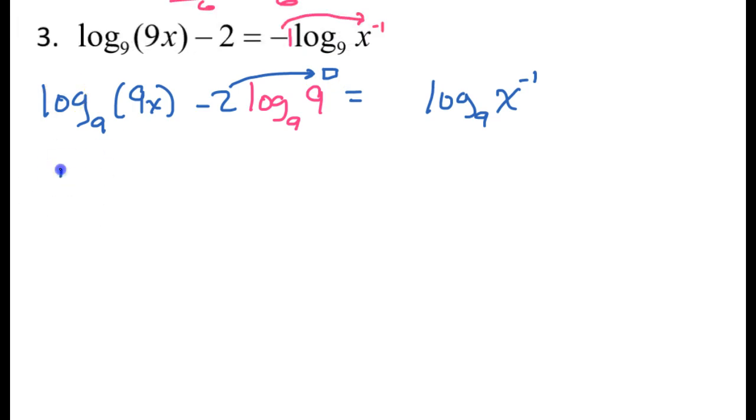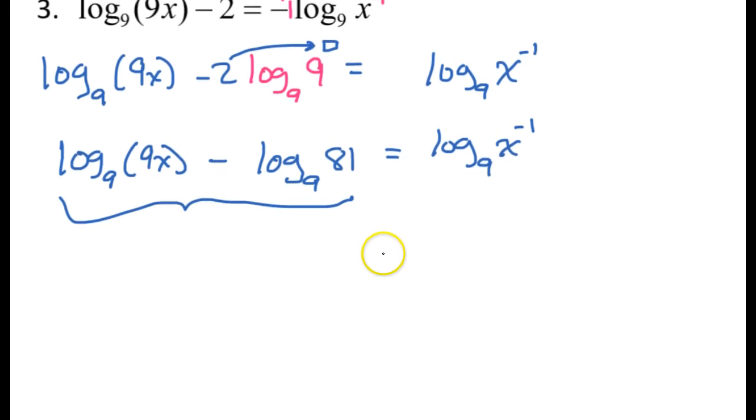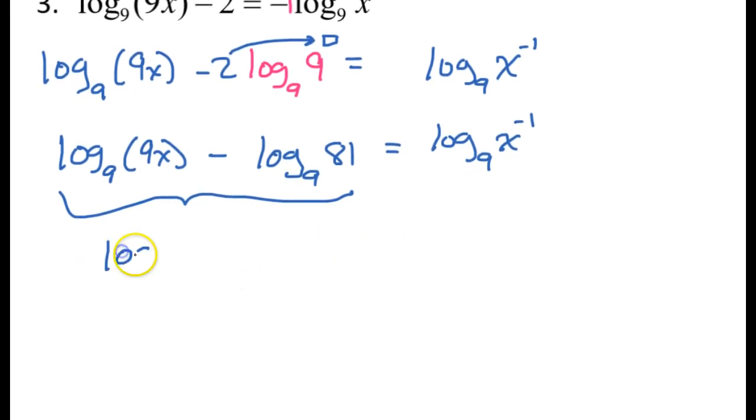Okay, so now I've got log base 9 of 9x minus log base 9 of 81 is equal to log base 9 of x to the negative 1 power. So I can combine these using the quotient rule, which says I can write a single log. When you have subtraction, it will condense to a fraction.